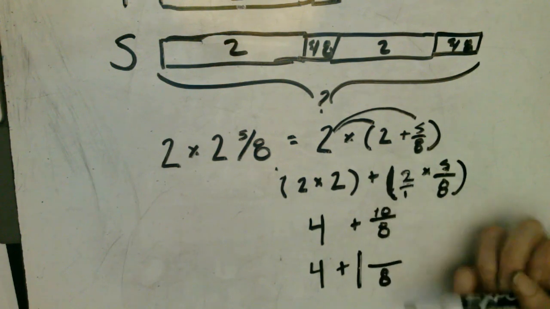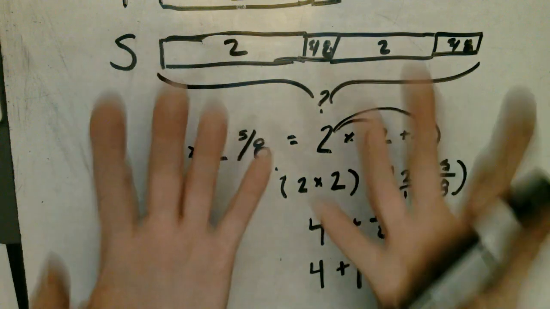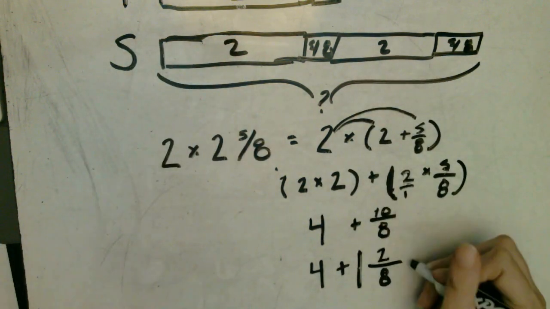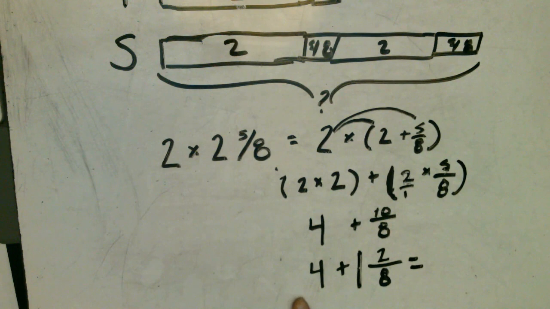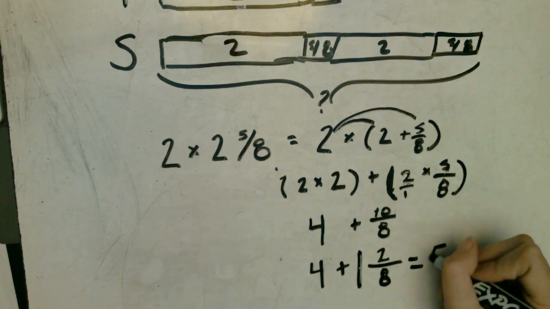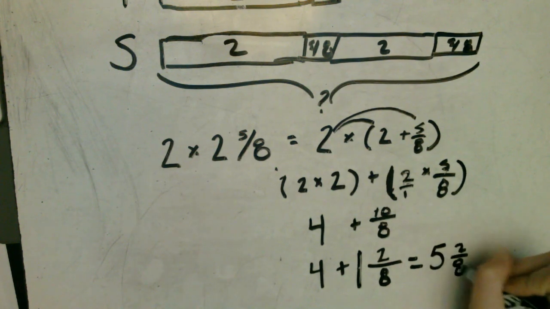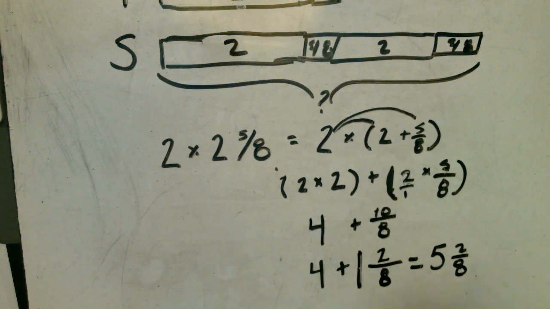How many do I have to count up to 10? 9, 10. I had to count 2 up to 10. Now I have a whole number plus my mixed number. 4 plus 1 2/8 equals 5 2/8. So we can say that Tamika's sister ran 5 2/8 mile.